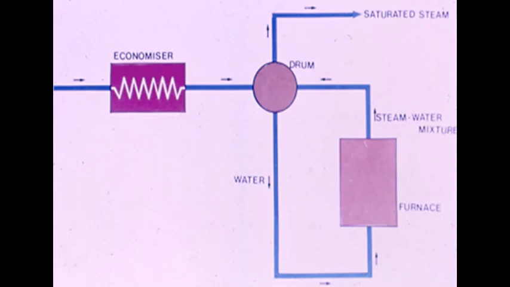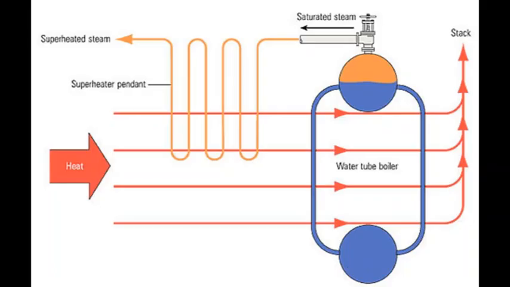From the drum, water goes down through the downcomer and passes through the water walls surrounding the furnace, and heat exchange takes place across the furnace water walls. As a result, the latent heat of vaporization is added to the circulating water.